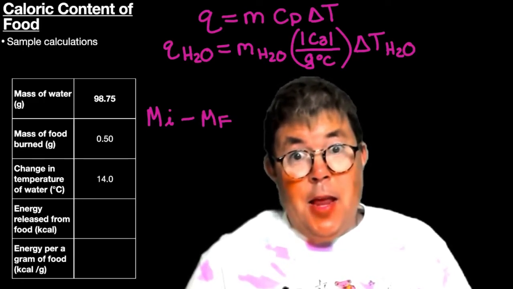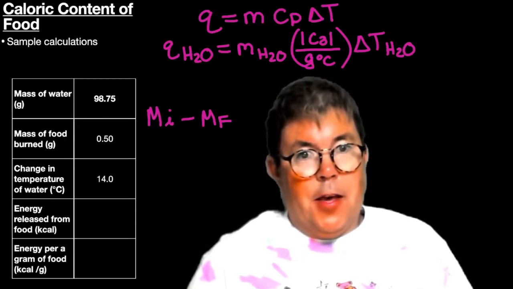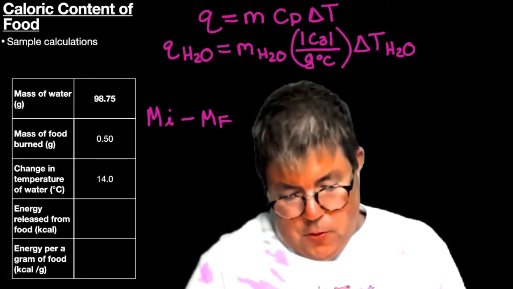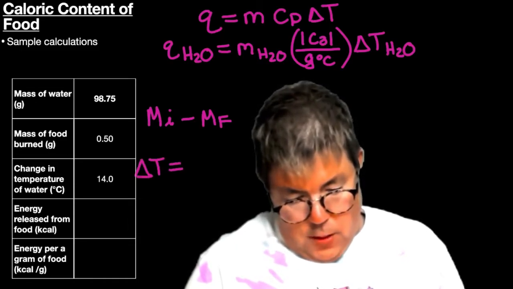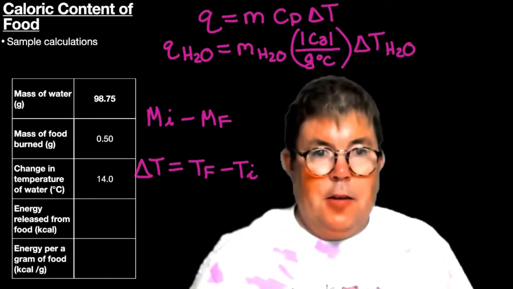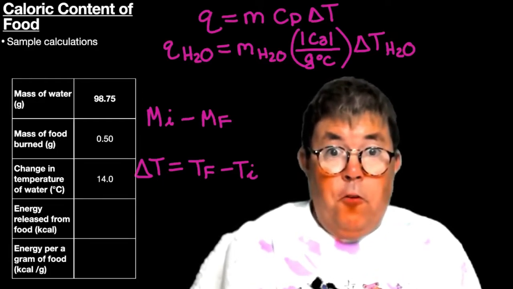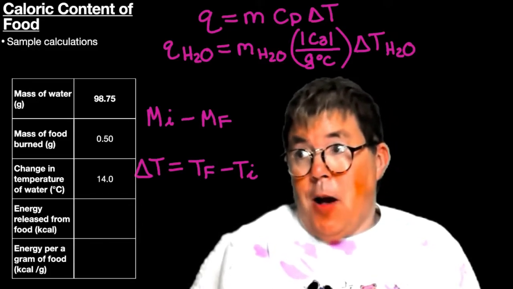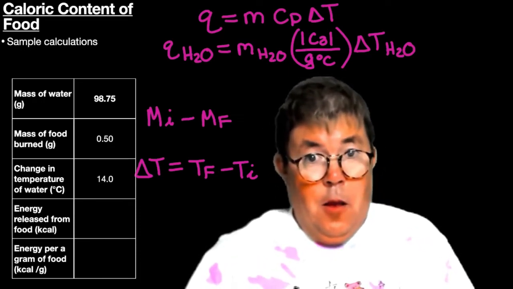I went ahead and already provided you the weight of food burned because I think this calculation is very straightforward. Same thing is true for change in temperature. So delta T is equal to T final minus T initial. The reason why we put the initial food weight first is so that we end up with a positive value for the weight of food burned. Okay.